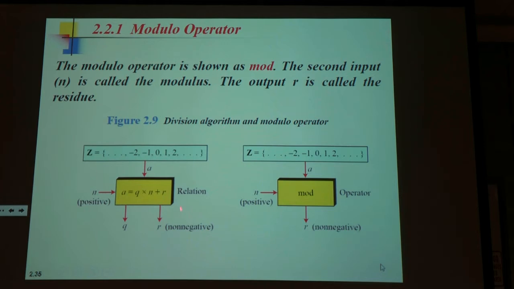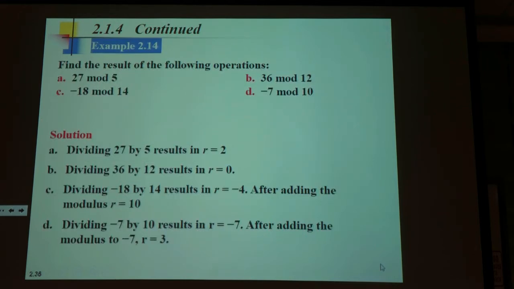So in the division, we don't care about the quotient, we care about the mod, the remainder, and it has to be non-negative. That means 0 or positive. Agree? All right. So let's take examples.